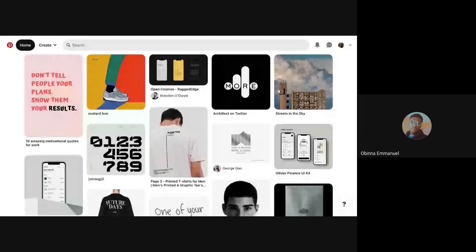Yes, that and the one titled More. They're both monochrome, but they look good. Then for the ones with colors, I think I'll go with the one with the sneaker. It has different colors, but the illustration, it looks like the colors form the image on it. So it looks good.